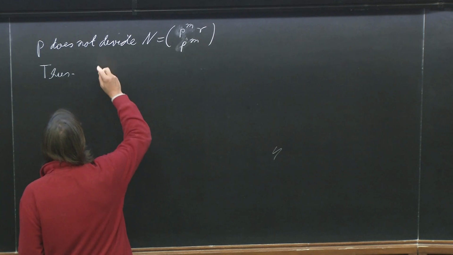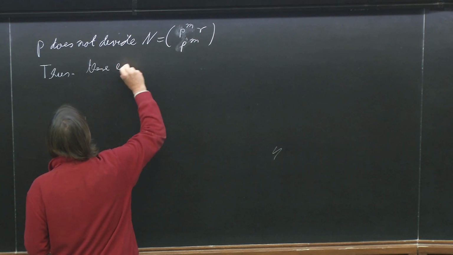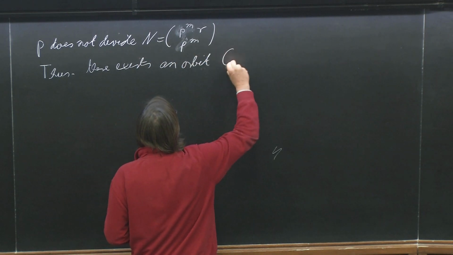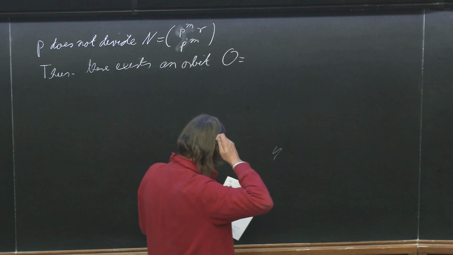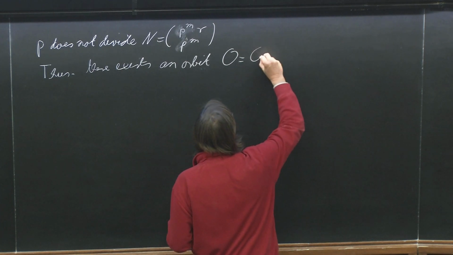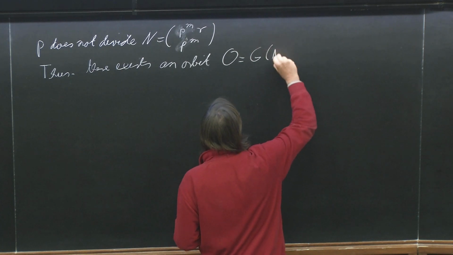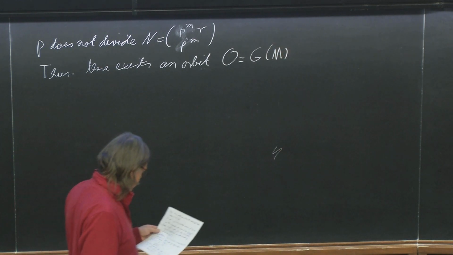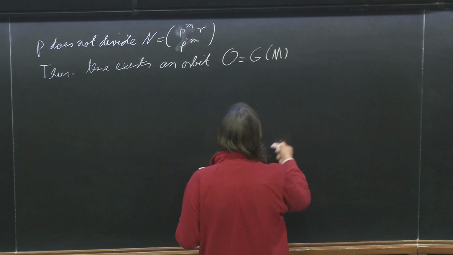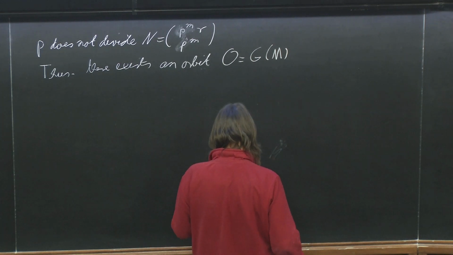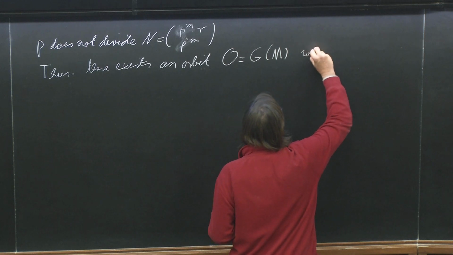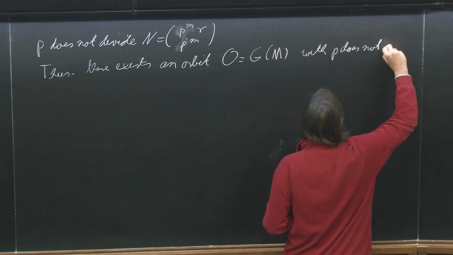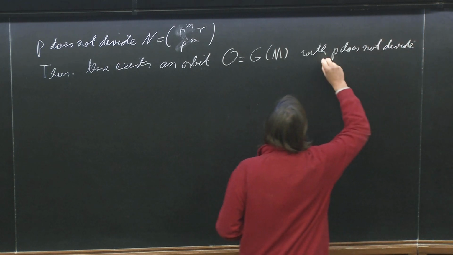So thus there exists an orbit O, which I write as G of M, for the action of G on S. So the orbit of a subset M, such that P does not divide the number of elements in this orbit.